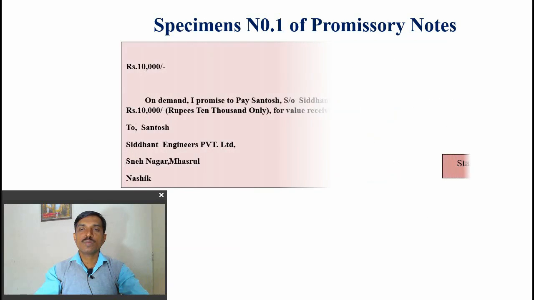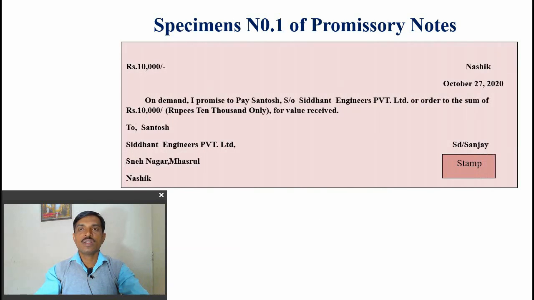Also we use the bill of exchange and the promissory note, and here we look at the specimen of the promissory note. There are some important things in the promissory note. Stamp is required, and there is no special format of the promissory note. Anyone can make the format.